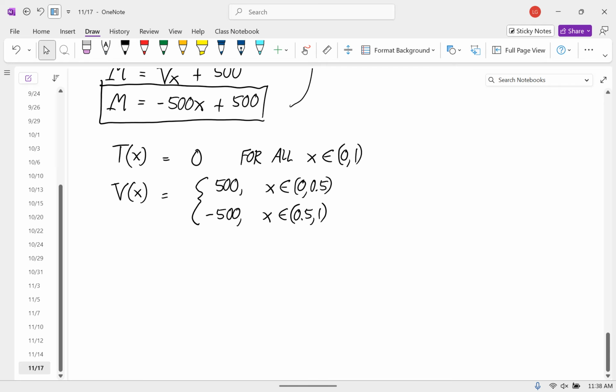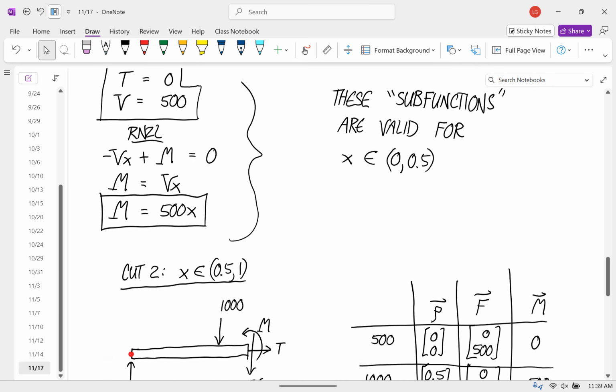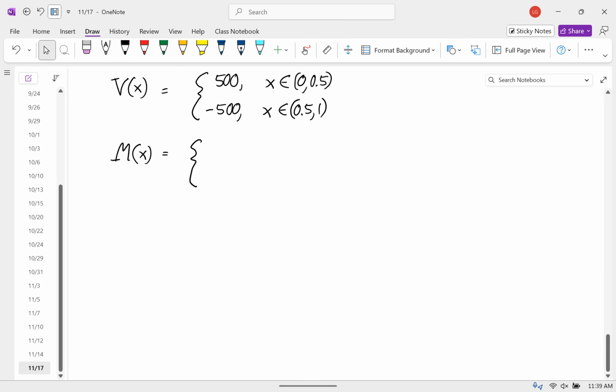And then the bending moment was also a piecewise function, and it was equal to 500x for x values between 0 and 0.5.